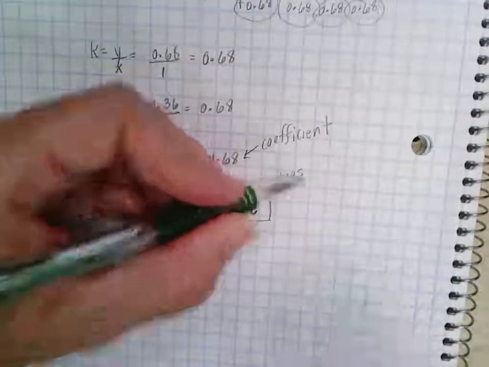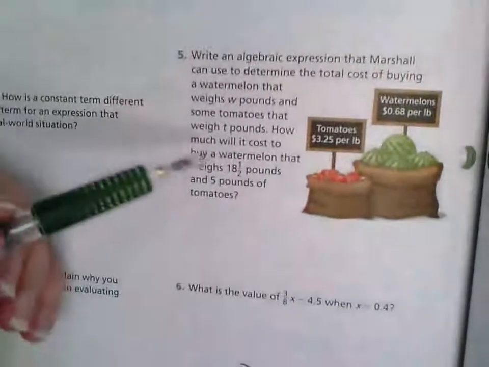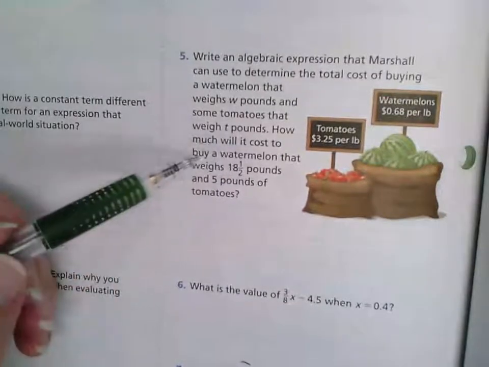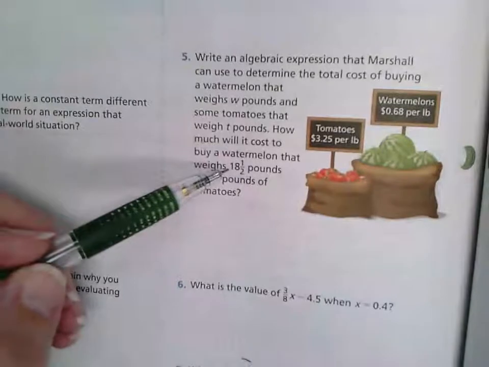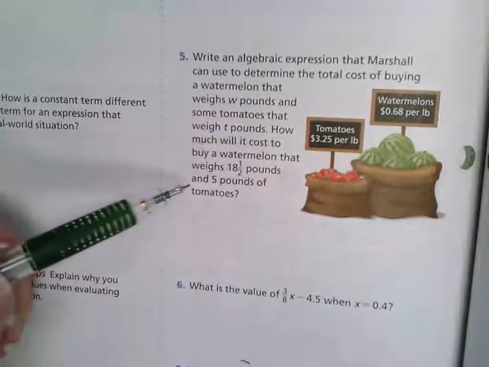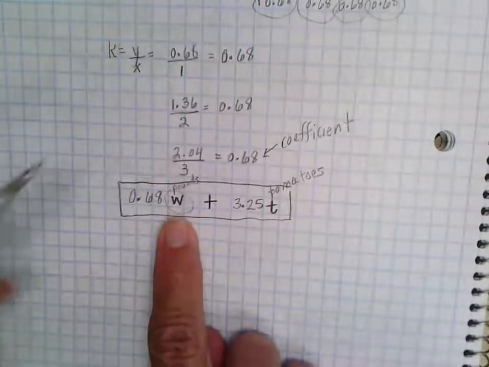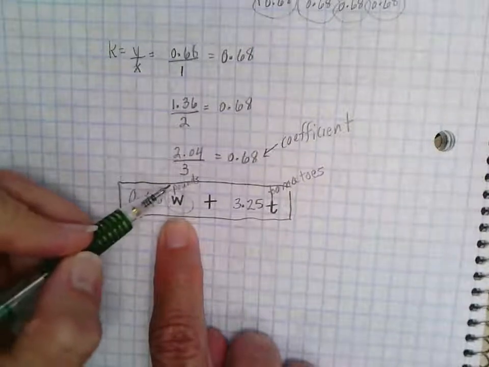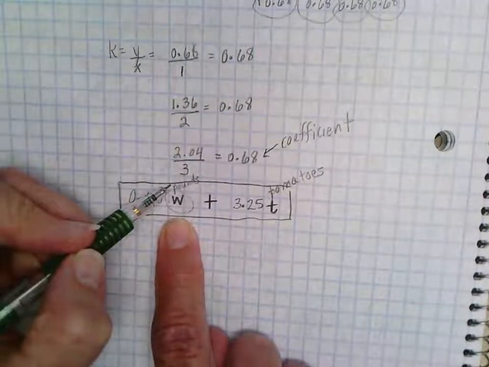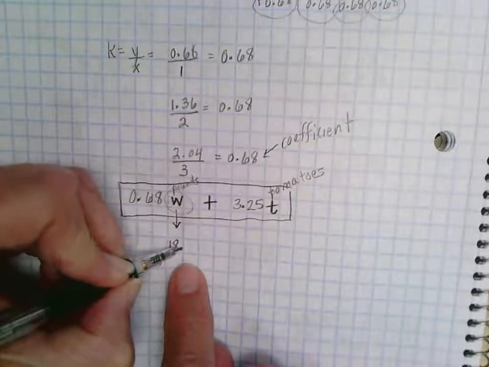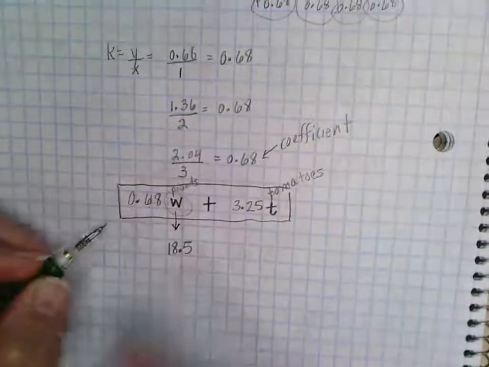Now, the second part of this problem does give me a certain number of pounds of watermelon. It says, how much will it cost to buy a watermelon that weighs 18.5 pounds and 5 pounds of tomatoes? So I can just go into my expression. This is my watermelon. The W represents my number of pounds, and it's telling me that I have an 18.5 pound watermelon.